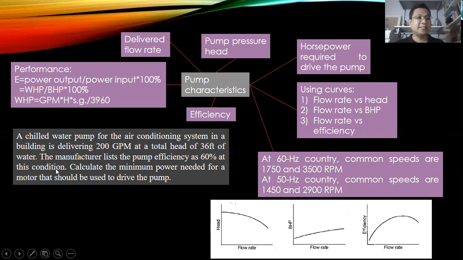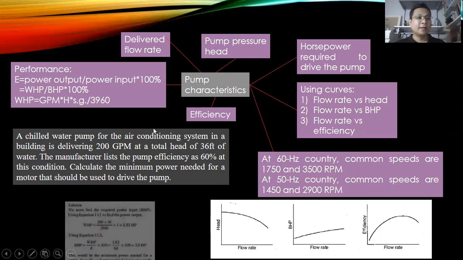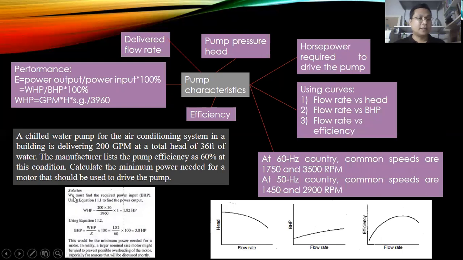The manufacturer lists the pump efficiency as 60 percent. At this condition, calculate the minimum power needed for the motor that should be used to drive the pump. So this actually shows the pump characteristic. Okay, we can solve it by the formula first.